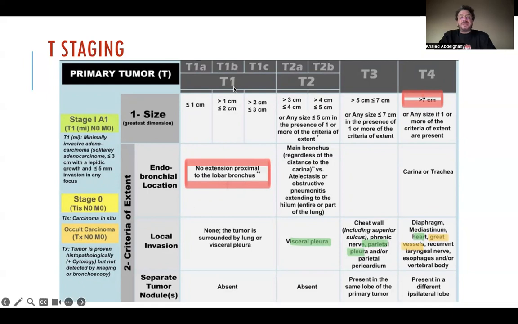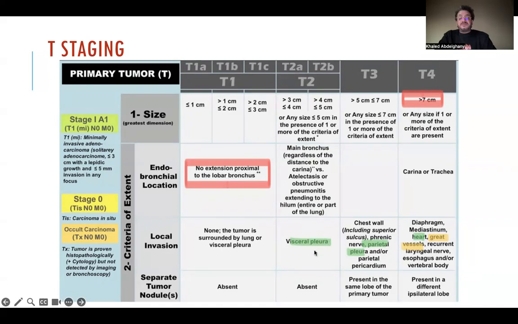So we are placed in T1 according to the endobronchial extension or location. And here in the local invasion, our mass is resting for a long distance. There is a long mass-pleura contact length exceeding 3 centimeters. This will raise the suspicion of pleural invasion.